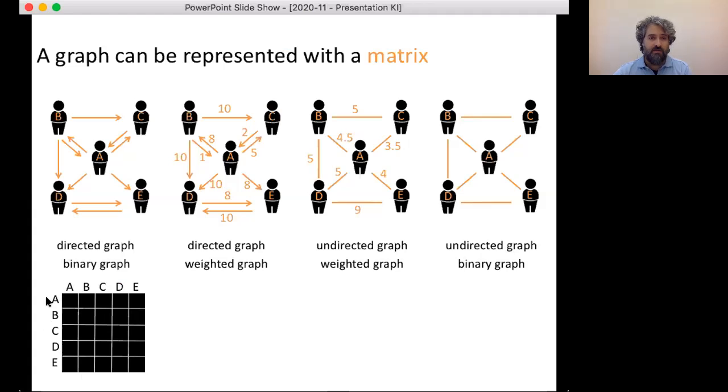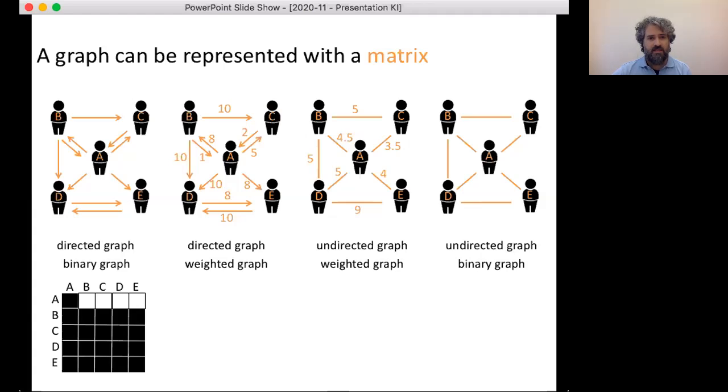Of course not, because it doesn't have a self-connection, which could be possible in principle. But A is connected with B, and with C, and with D, and with E, because you see that A has direct connections from A to B, from A to C, from A to D, and from A to E. So we have all of these.